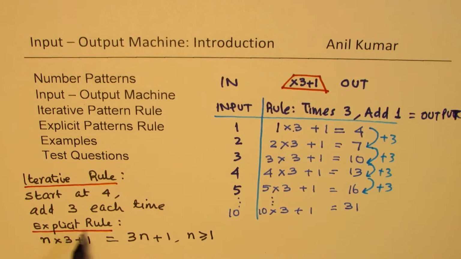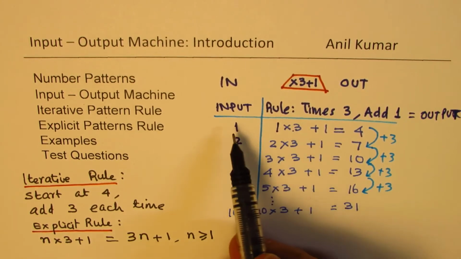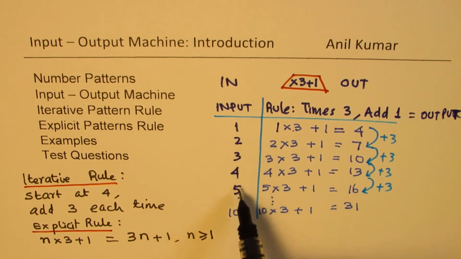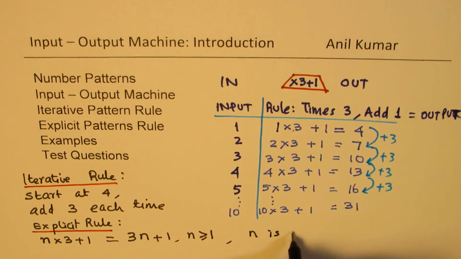So whenever you write explicit rule, take care that n is 1 and 2, 3, 4, because these are term numbers. 1, 2, 3, 4, 5. N signifies your term number, right? So where we'll define n is term number.